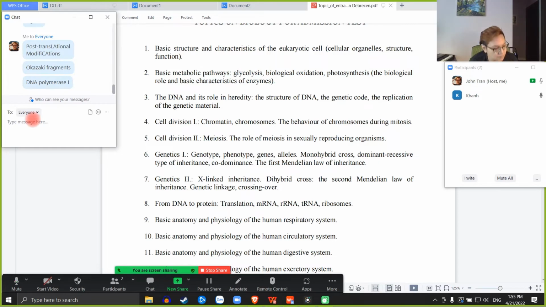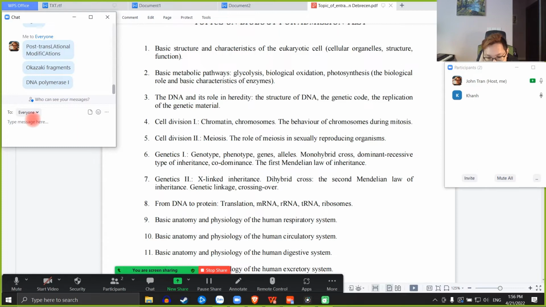We need replication because it's necessary for the process of mitosis, which is very important for growing, repairing, and asexual reproduction.